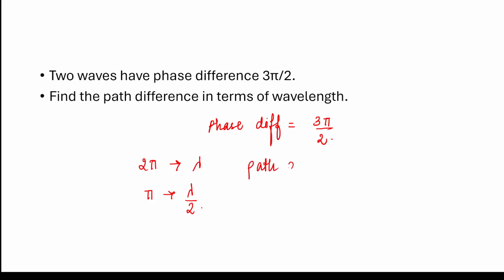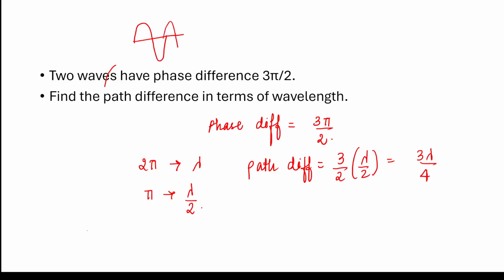Instead of pi, I'm writing lambda over 2. So this is 3 lambda over 4. That's my path difference. Okay, just to show the diagram here, let's just get the eraser.